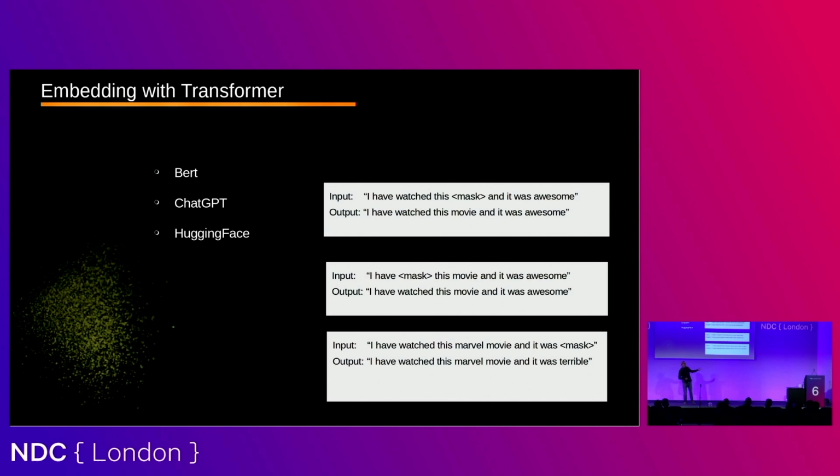This is how it works. To train a model and really find the words and fill the gaps, the machine learning model has to learn the context. It has to learn that a Marvel movie is usually terrible, and that awesome and movie maybe are used together in the same context. Might not be the best example, but I think you got the idea of how this training works, right?